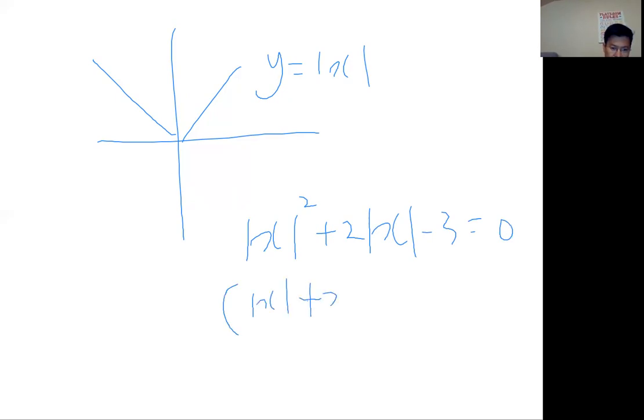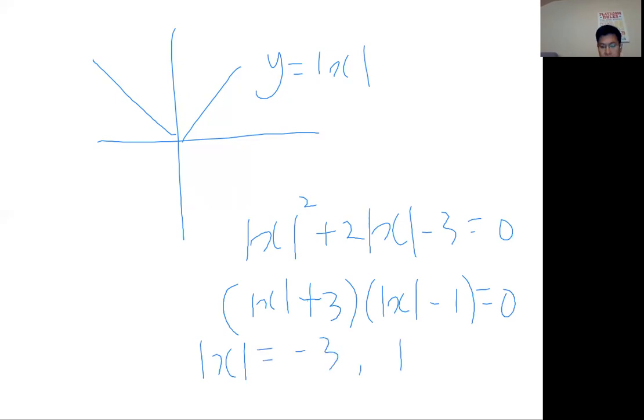If you factor this out, absolute x plus 3 times absolute x minus 1 equals 0. Then absolute x is negative 3 or 1. But you can never expect absolute x to be a negative number, so we don't need to worry about this part. So absolute x equals 1 is the only one. Then x has to be plus or minus 1.